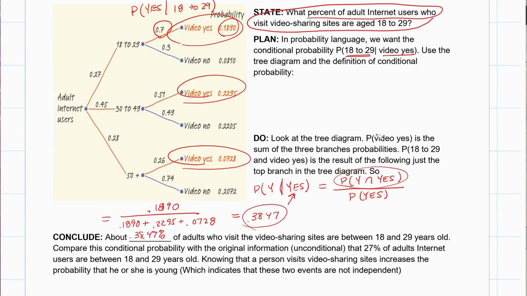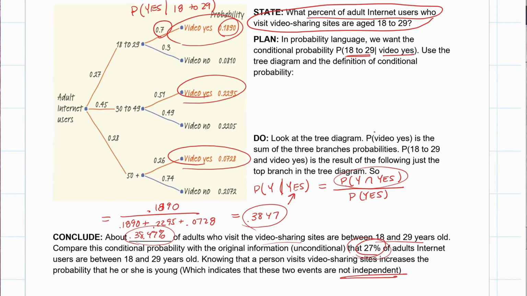About 38.47% of those who share on a video site are young. Compare this to the probability that 27% of adults in general share it. See how different those numbers are? That suggests that whether you share video and what age you are are not independent.